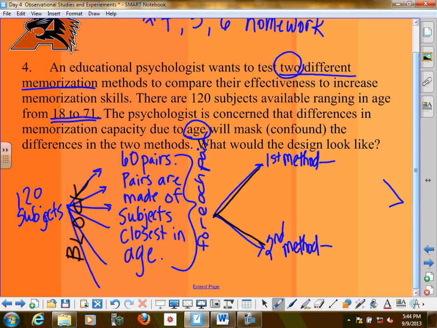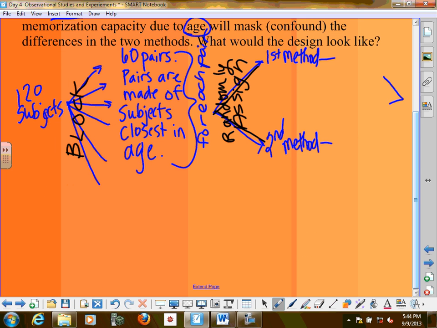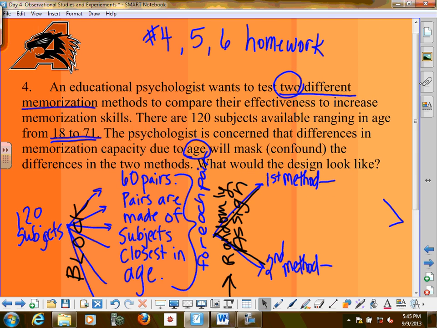How are you going to figure out which member of the pair gets the first method and which member of the pair gets the second method? If you do this by judgment, then you could put bias into it. So, you must randomly assign, and I want you to tell me how you did that. I want you to describe how you chose. However you want, I want you to write that out: how you chose to randomly assign one in the pair to the first method and one in the pair to the second method. Alright, so in summary, your homework is numbers 4, 5, and 6.